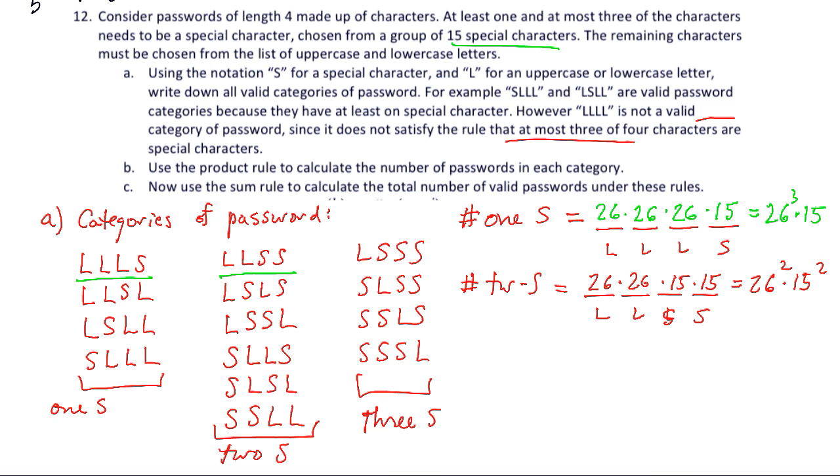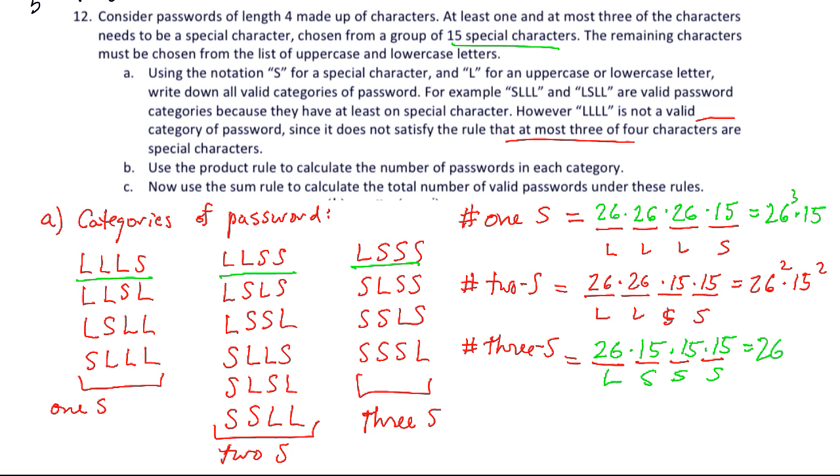And there were 6 of those. And the number of 3S is, suppose it's LSSS, 26 times 15 times 15 times 15. And this is 26 times 15 cubed.